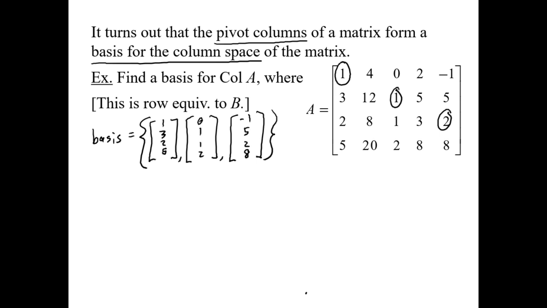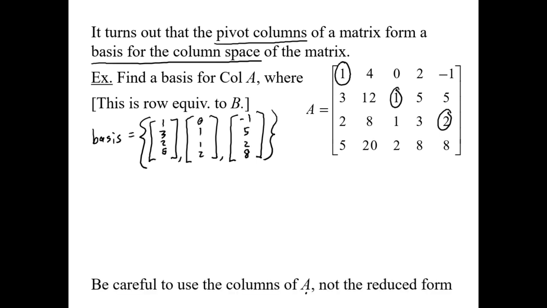But the other really important thing to keep in mind is, yes, you have to identify the pivot positions, however, make sure that you use the columns from the original matrix A. Don't use the reduced versions. The column space is the span of the columns of A. When you start doing row operations, you're creating new columns. Don't use those.